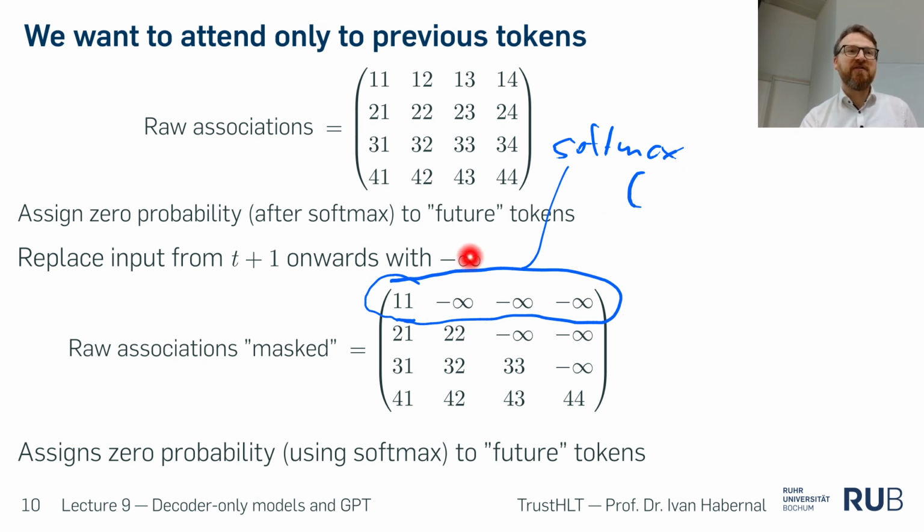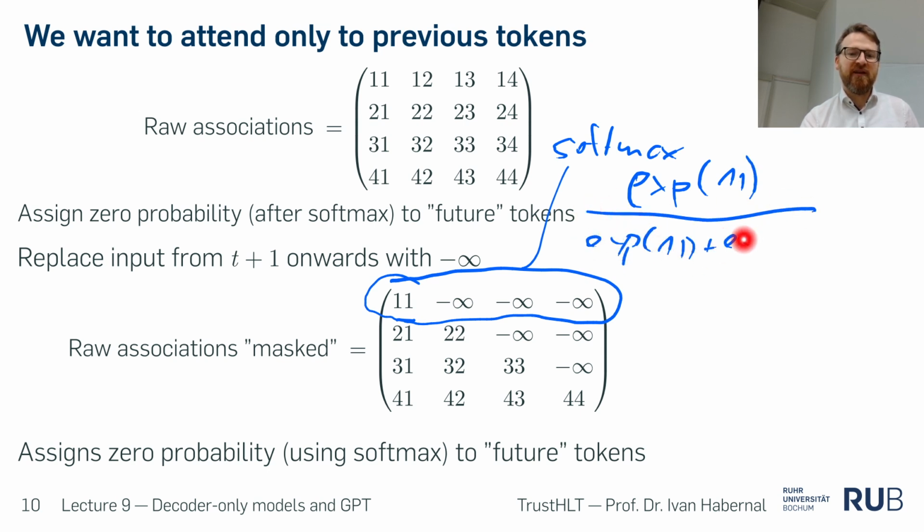This is interesting. Let's compute this: exp of 11 over exp of 11 plus exp of minus infinity plus exp of minus infinity.